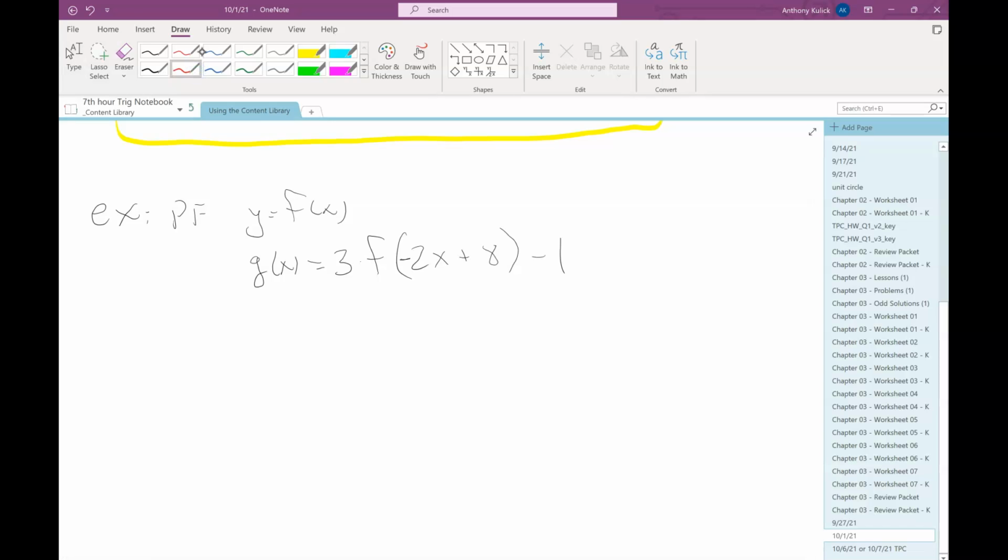So if I want to describe this transformation in words, the first thing I'd want to do is to identify the values for A, C, H, and K.